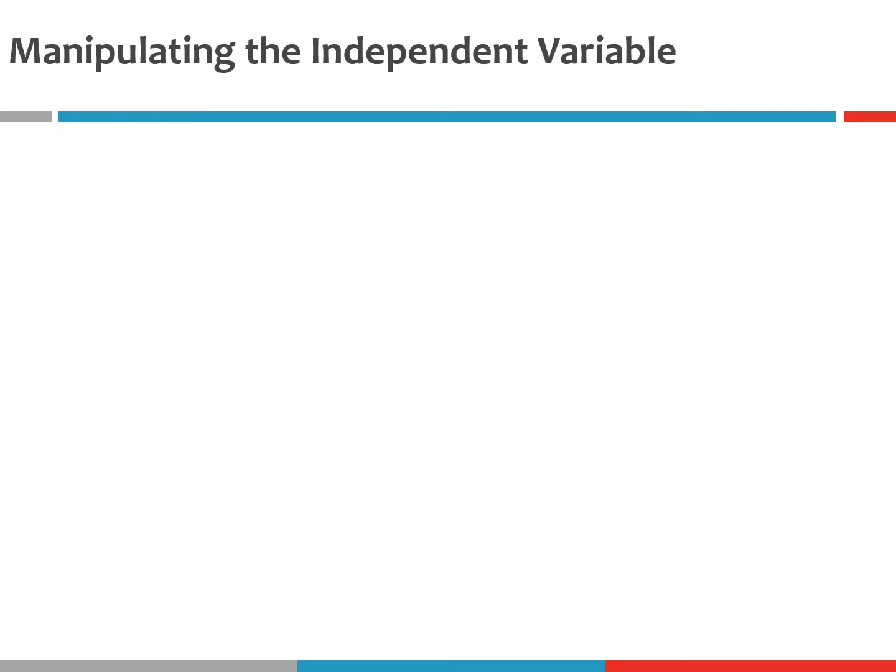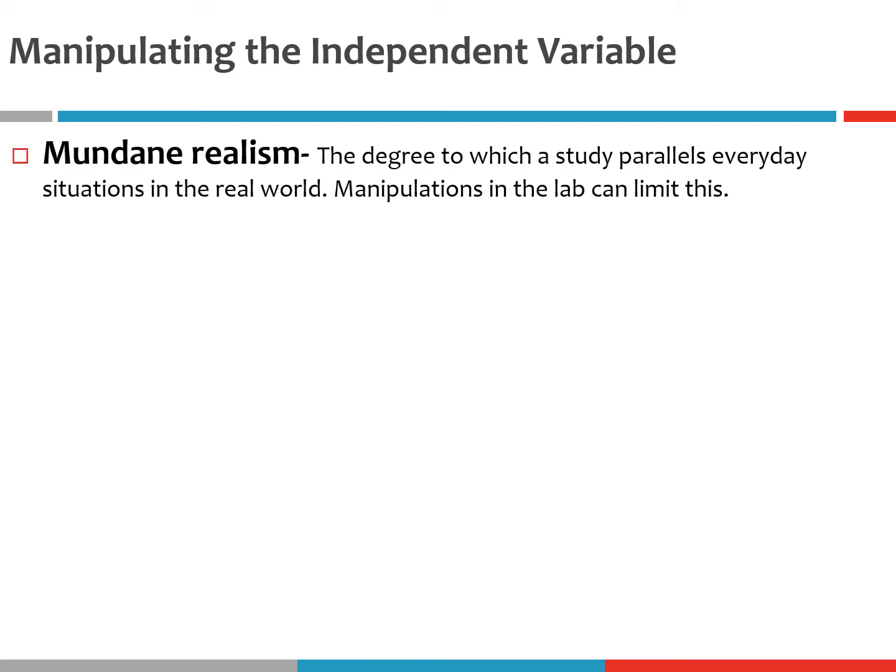So I need to manipulate the independent variable, and I basically started talking about this already. I have to decide what kind of experiment I want to run. Do I want to run an experiment in the lab where I have a lot of control over the variables that I'm manipulating, the independent variable? Or do I want to run the experiment in the real world?